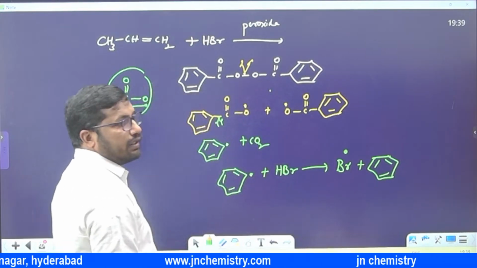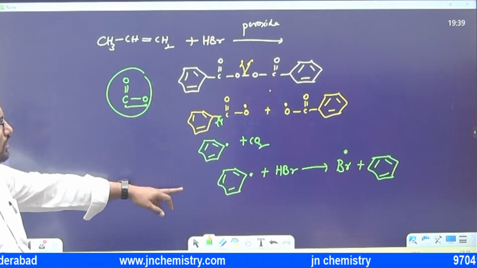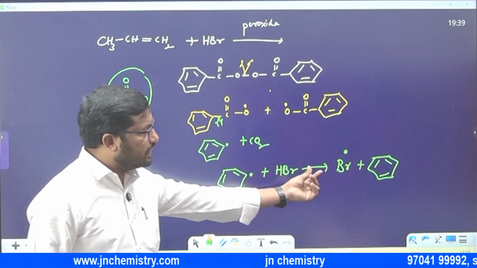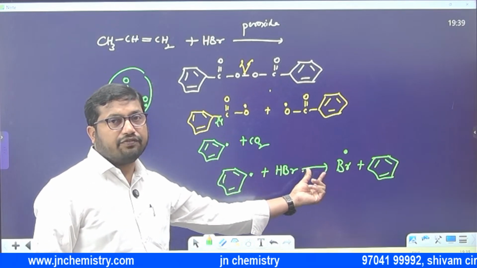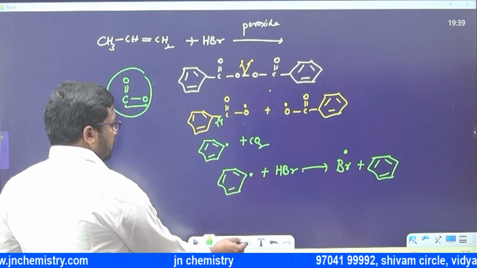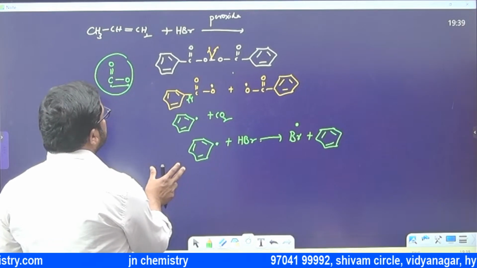Now Br is the reagent which is actually attacking. Everything we did was to generate the Br radical. Br radical is a free radical, so a free radical addition reaction takes place.